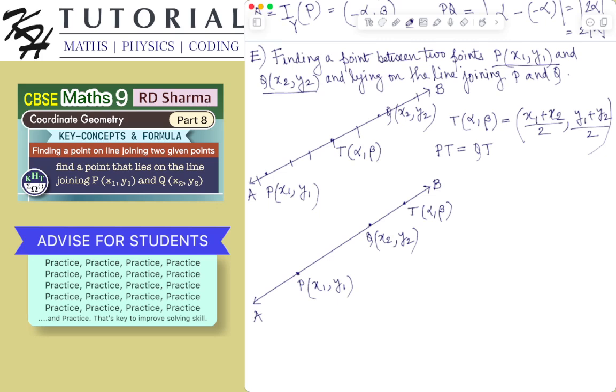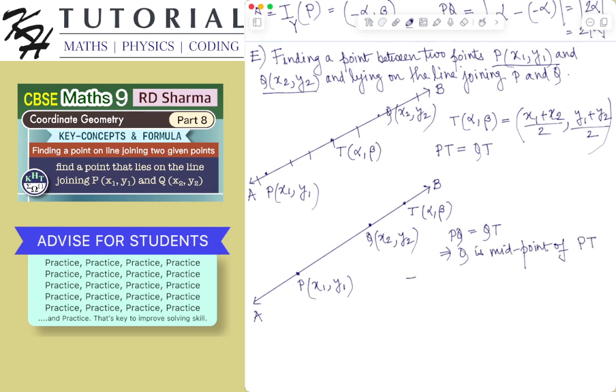Okay. So then I can say from the midpoint, since PQ is equal to QT, that Q is the midpoint of the line segment PT.